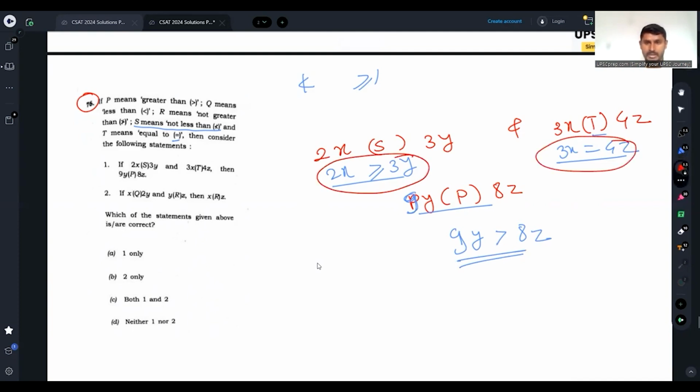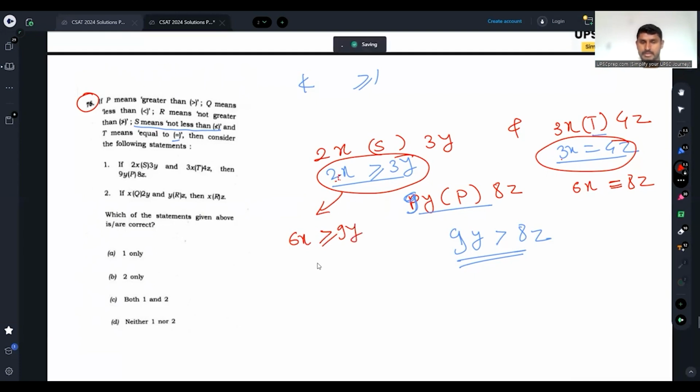Here, if I make this x and this x equal, what can I make equal out of this? If I multiply this by 2, this will become 6x equal to 8z. Then if I multiply this by 3, this will become 6x greater than or equal to 9y. So 6x is equal to 8z, and 6x is greater than or equal to 9y.